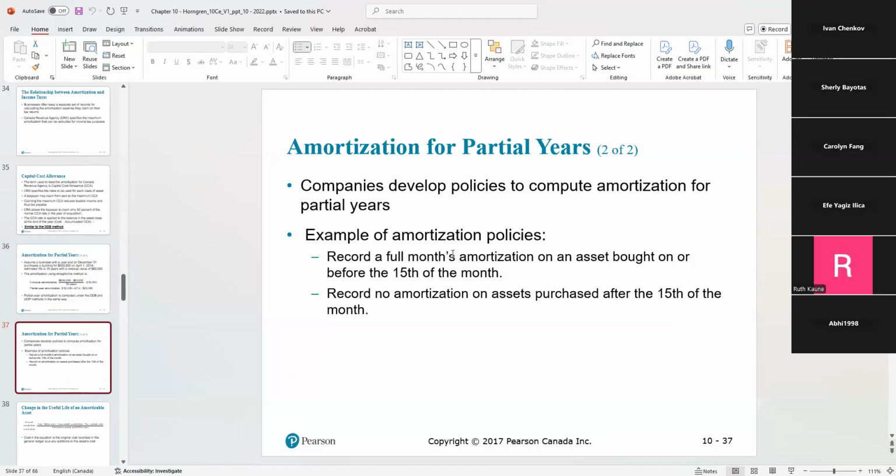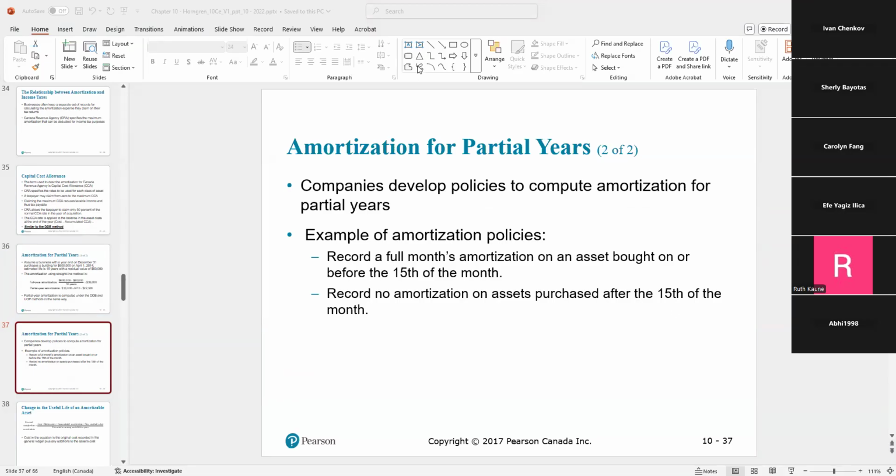On the partial year, for example, a company develops a policy to compute amortization for the partial year. Usually the rule is to record the full month of amortization if the asset is bought before the 15th of the month, or record no amortization if the asset is purchased after the 15th of the month.